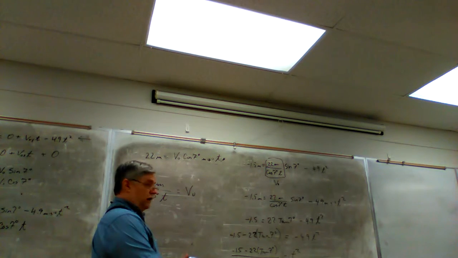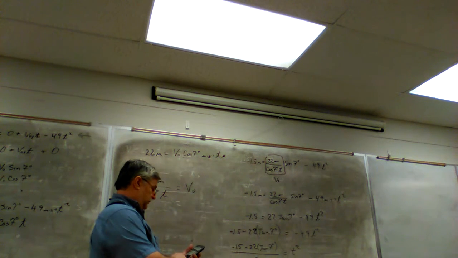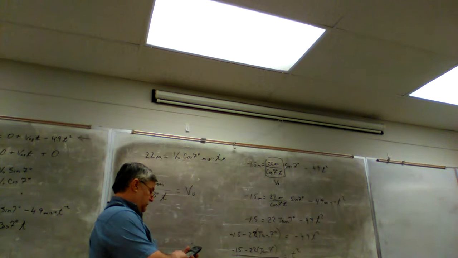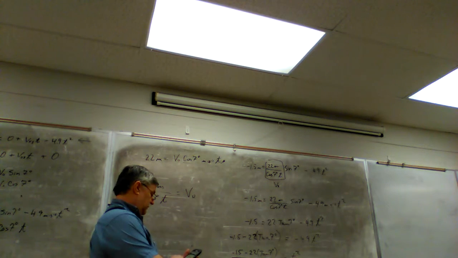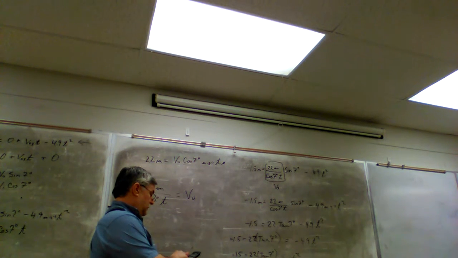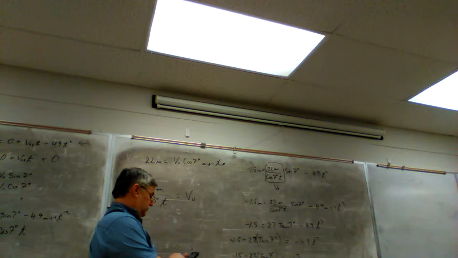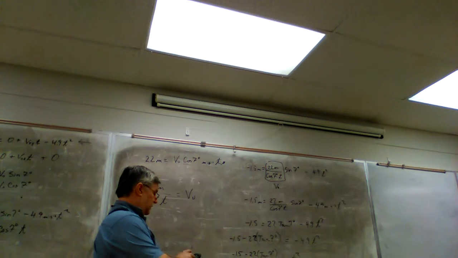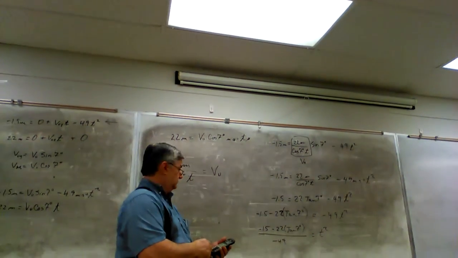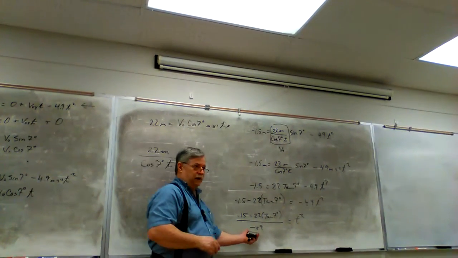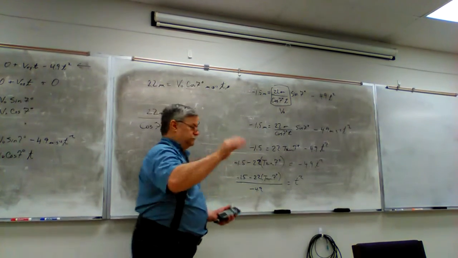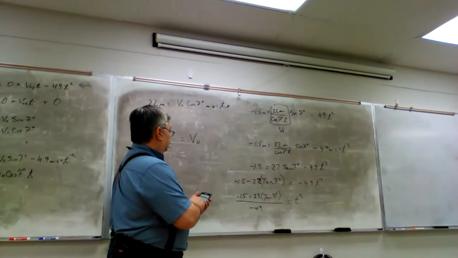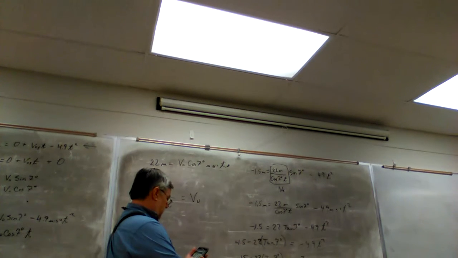Negative 1.5 minus 22 times 7. Yeah, I think I left off the 22. Okay, I got a completely different answer that time too. Or did you already divide by 4.9? Okay. Well, let's do just the first one.